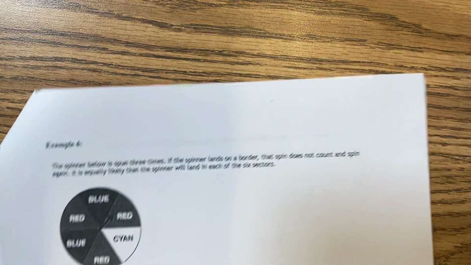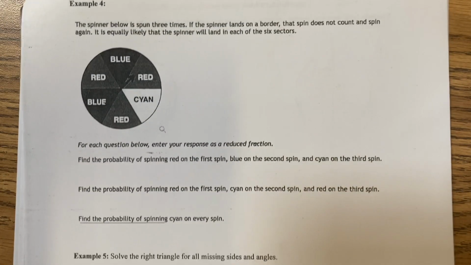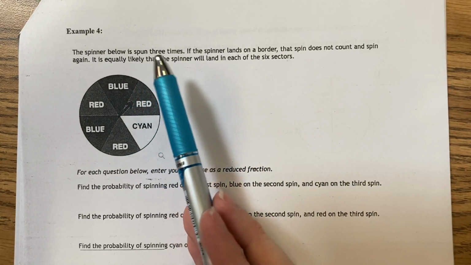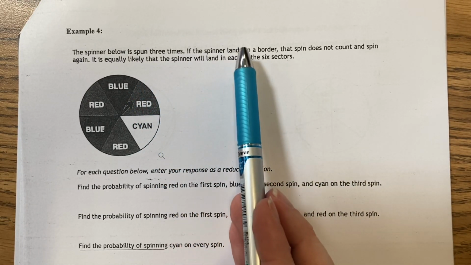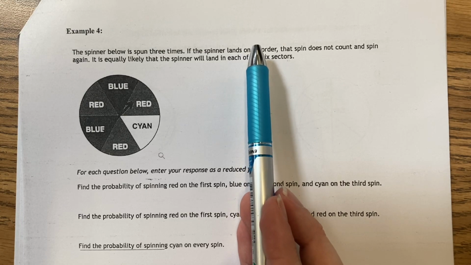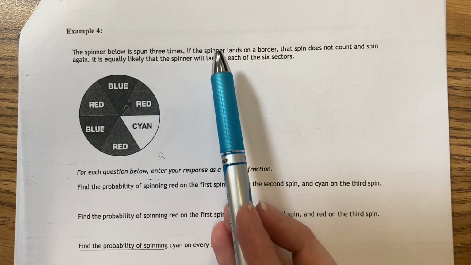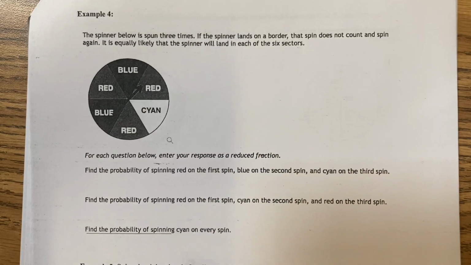Okay. What if we have a spinner and we have multiple probabilities? The spinner below is spun 3 times. If the spinner lands on a border, that spin does not count, and spin again. It is equally likely that the spinner will land in each of the 6 sectors.